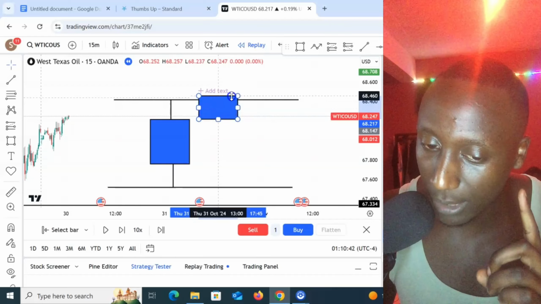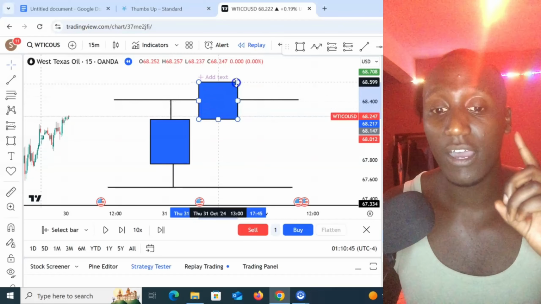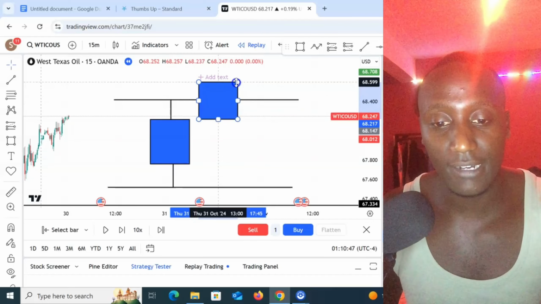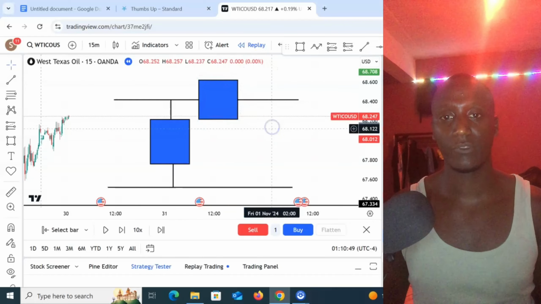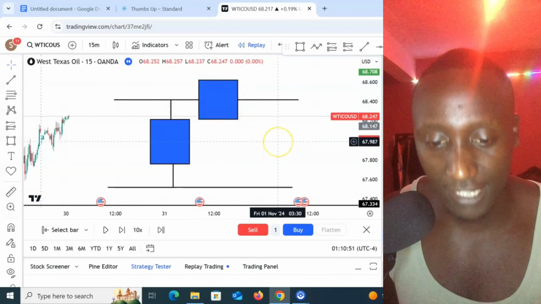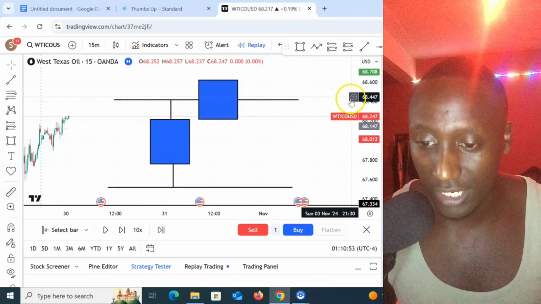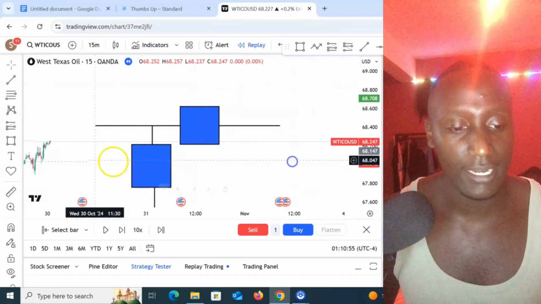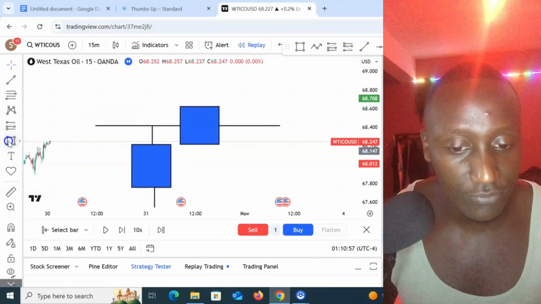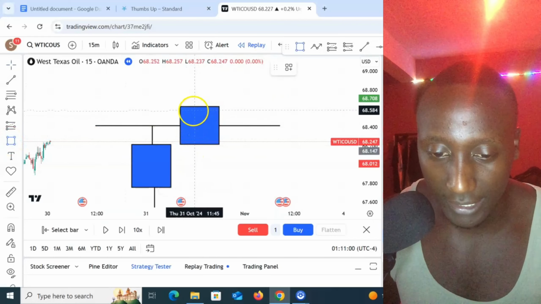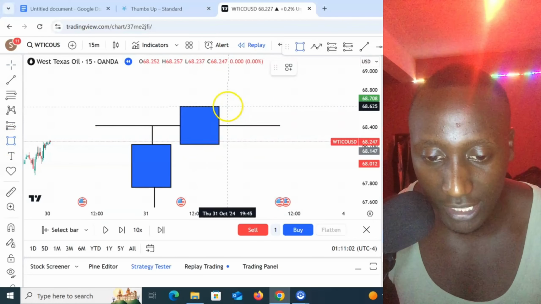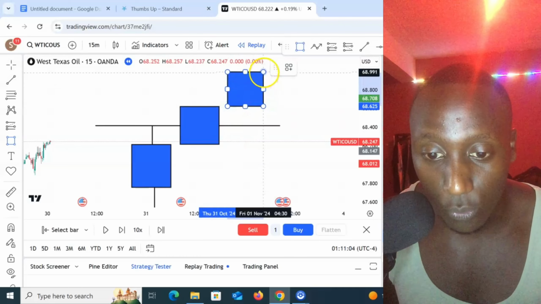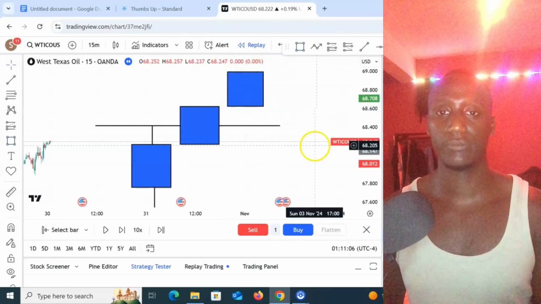Price has broken out of the resistance and closed above it. So what does this tell you? This is a very important and strong signal that now we have people pushing the market, and there's a high probability that the next candle will continue in that direction.